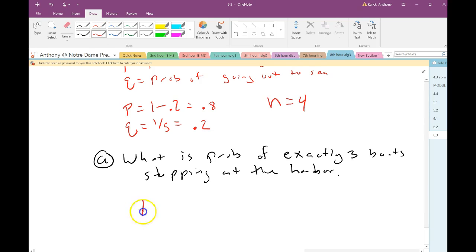Well, that means capital P of the probability of exactly 3 is going to equal N choose 3, P to the 3rd, times Q to the N minus 1.